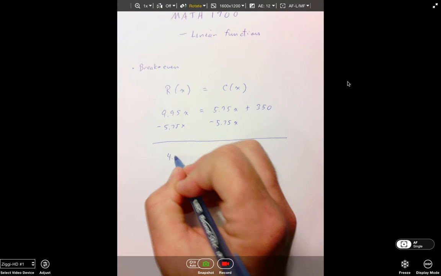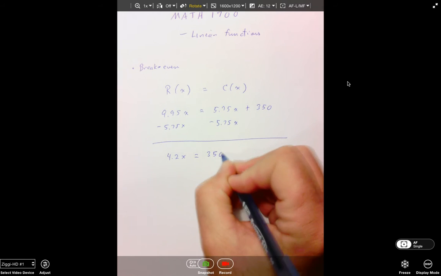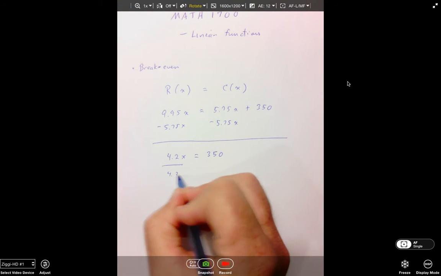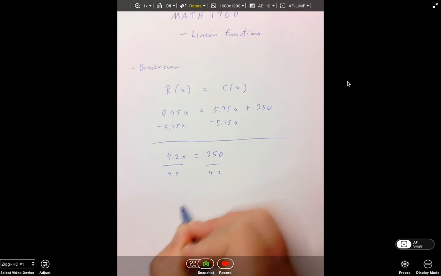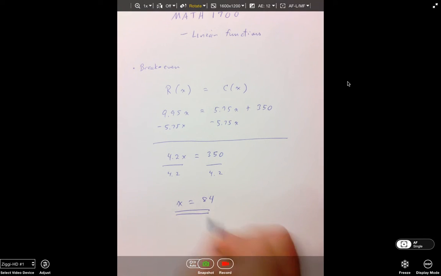So we have 4.2X equals 350, so I'm calling this 84 units. Now, the answer turned out to be 83, sorry, 83.33.